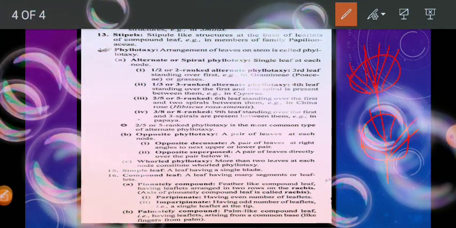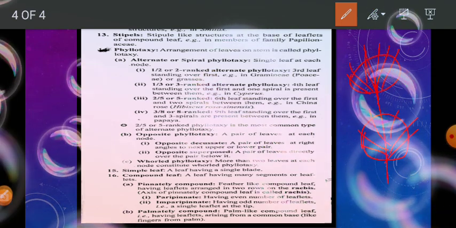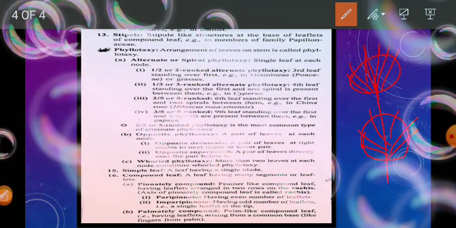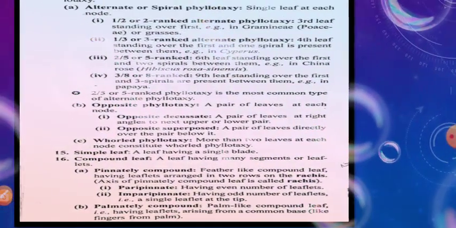A compound leaf is a leaf having many segments or leaflets. So leaves are of two kinds, simple and compound.